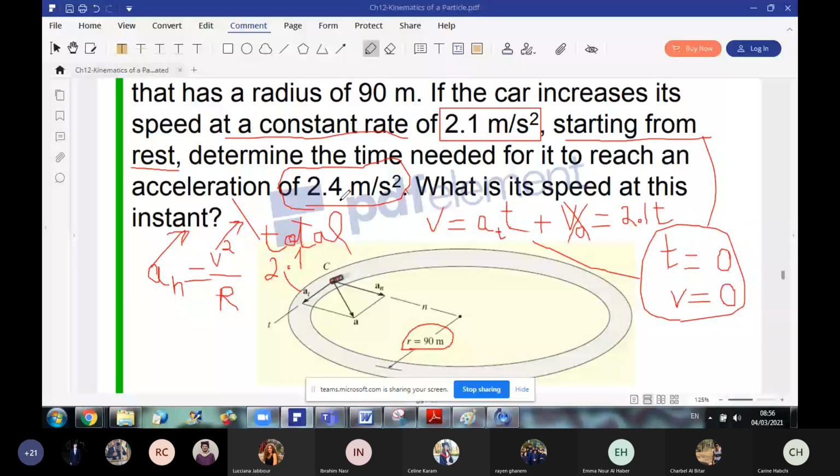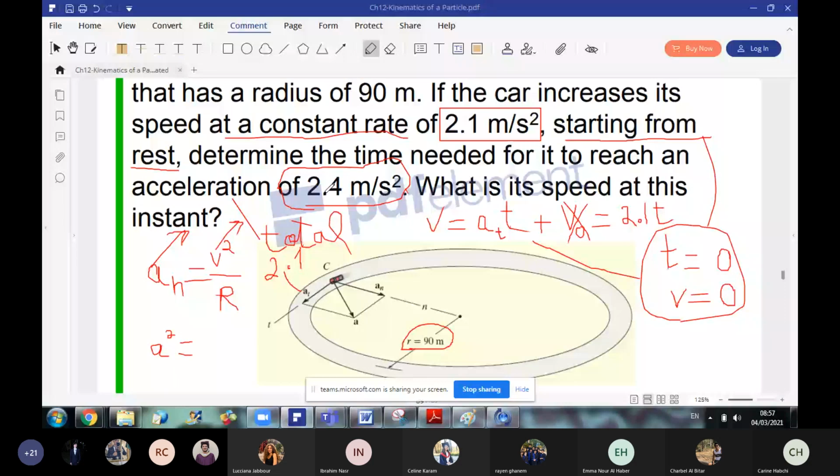What is the expression of total acceleration? It is the square root of an squared plus at squared. So the total acceleration squared is equal to an squared plus at squared. They gave me the value of a, which is 2.4.